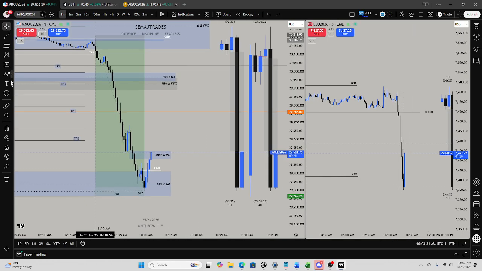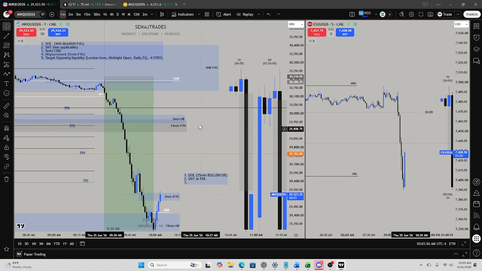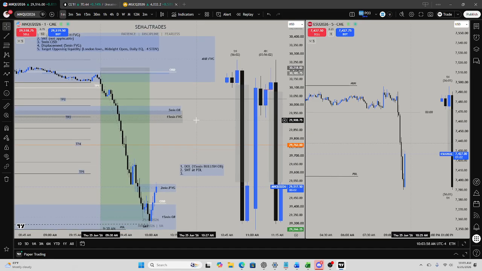So it's a rinse and repeat again, right? One, prime liquidity, 15-minute bullish order block. 2, SMT at previous day low. 3, what's that third step? Displacement, right? Oh no, that's the CISD.